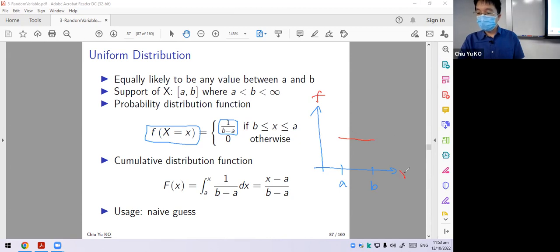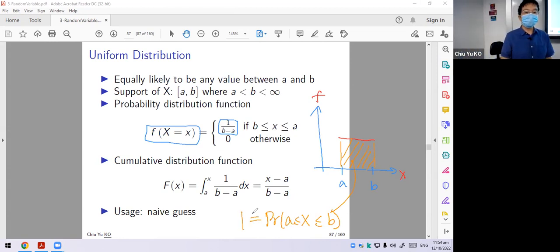We also know that the area under the curve between A and B is the probability that the random variable will be between A and B. We have talked about that. And we know this must be 1.